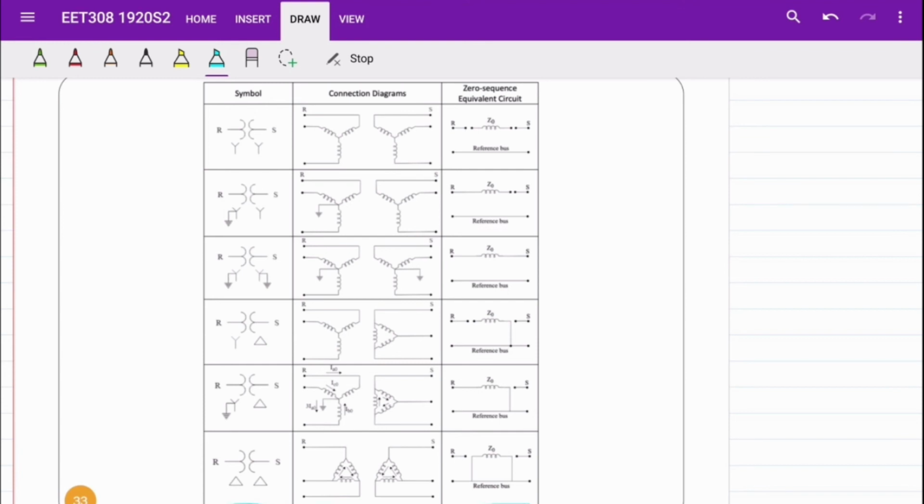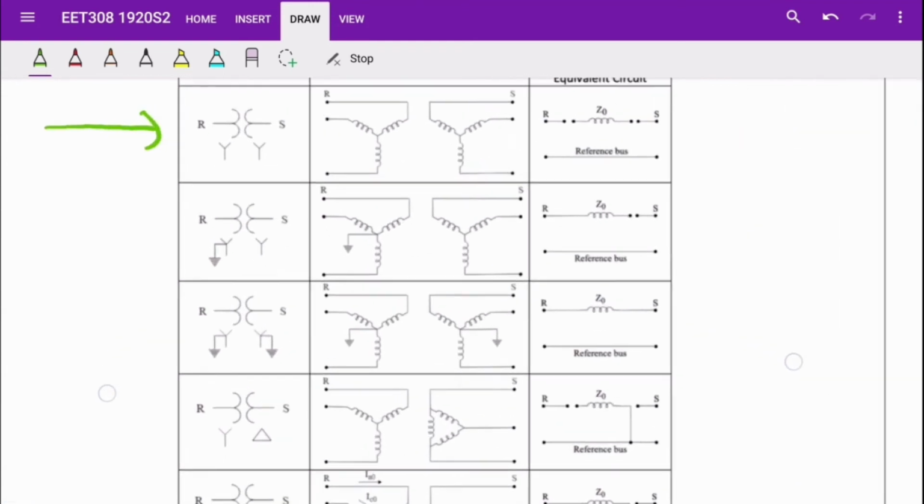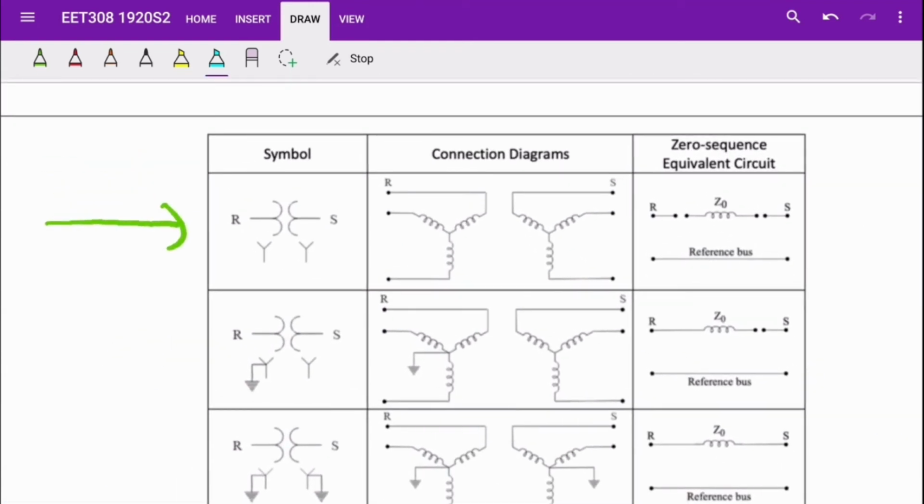By referring to the figure, we can say that there are 6 combinations of transformer winding. First is Y to Y connection. Since both windings are not connected to the ground, the impedance Z0 is not connected to the node R and node S. It also not connected to the reference bus.